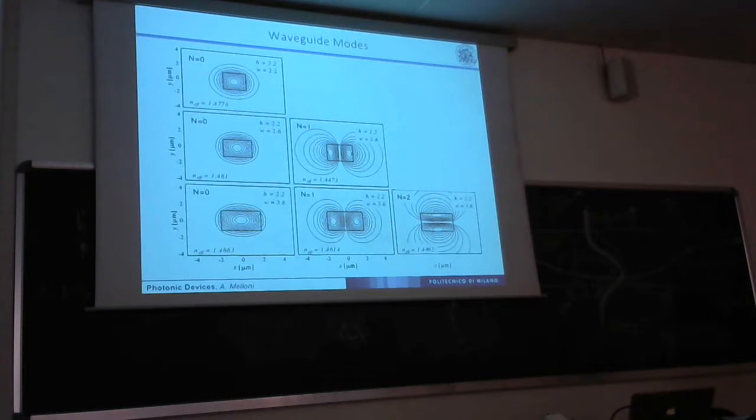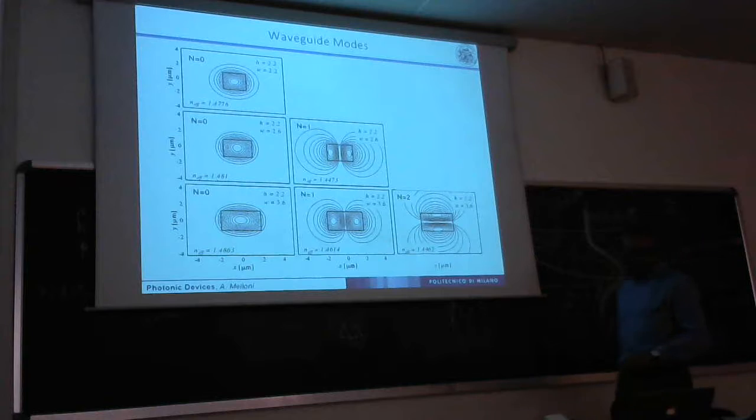It's just a way to give a name to this. But typically the shape of this is the shape of the transverse electric field. We always represent the intensity of the transverse electric field.